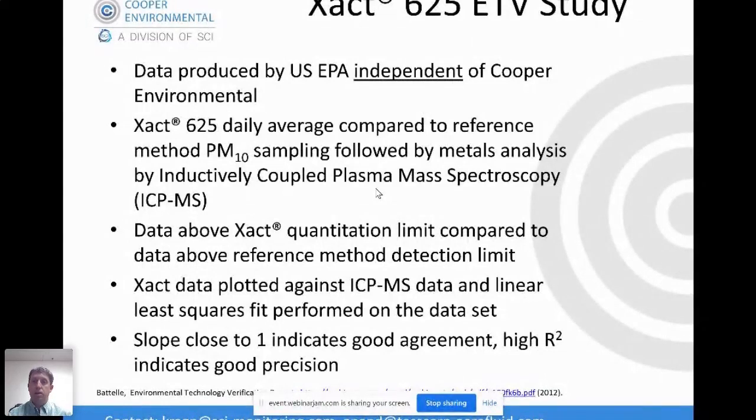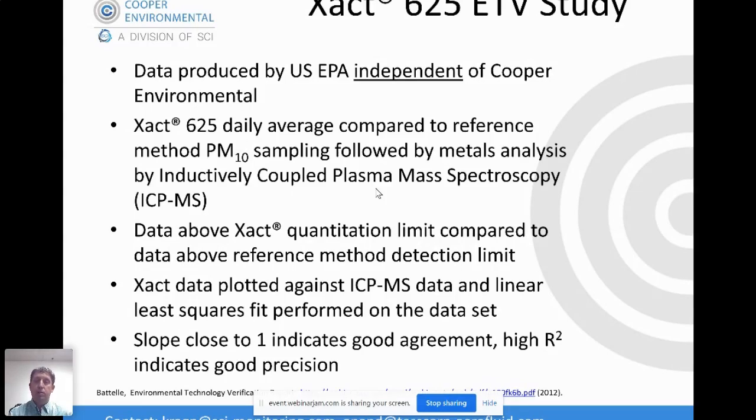So for the first study, the Xact 625i ETV study, the data in this study was produced by the US EPA. It was done independently of Cooper Environmental. In the study, the Xact daily average, so the average value from 24 one-hour samples, was compared to a single one-day sample from a reference method PM10 sampler.